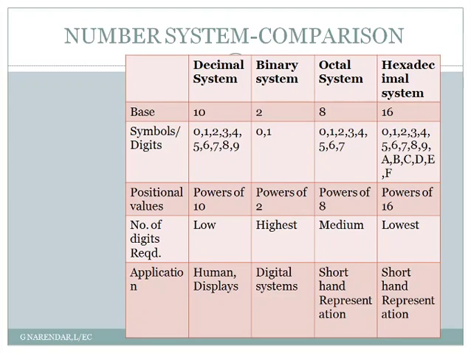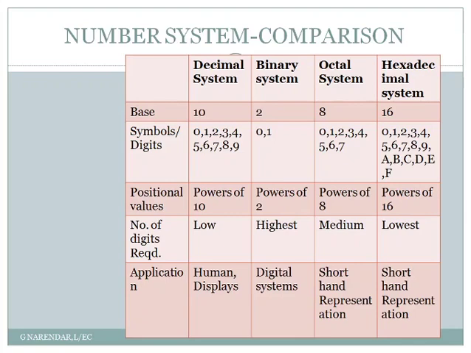Similarly, for the binary system, the position values will be powers of 2, as the base of the binary system is 2. For the octal system, the position values will be powers of 8. And for the hexadecimal system, the position values will be powers of 16.